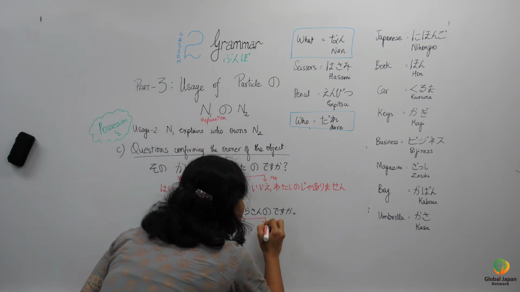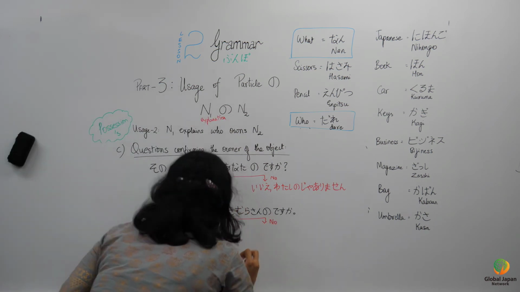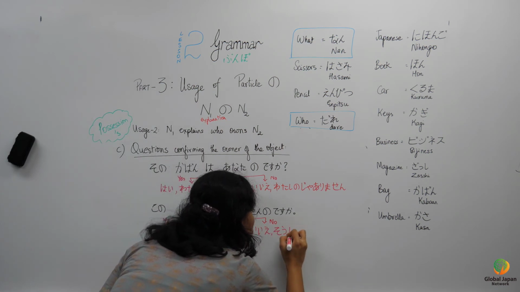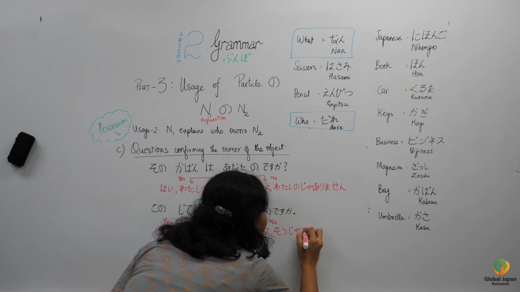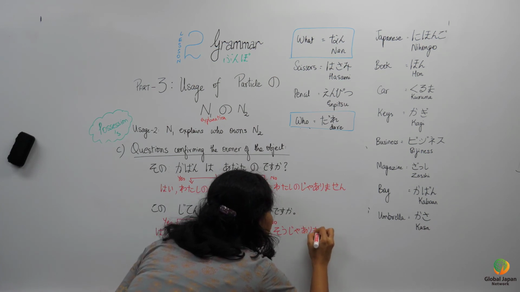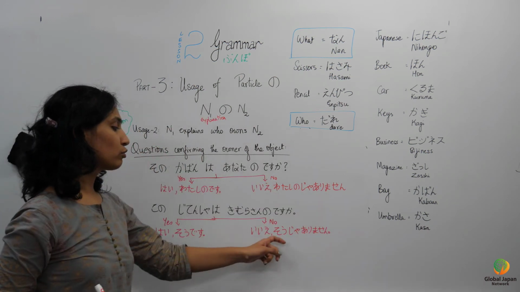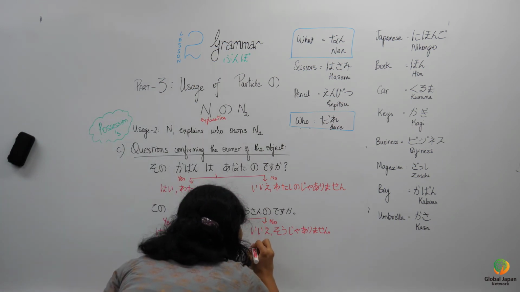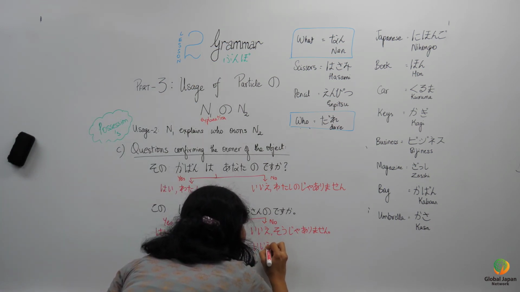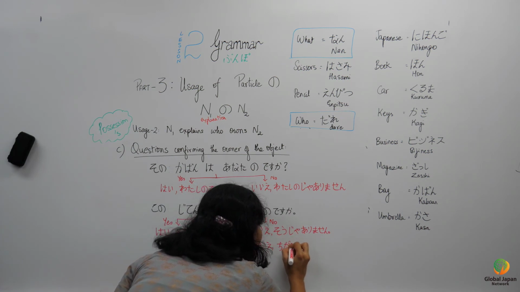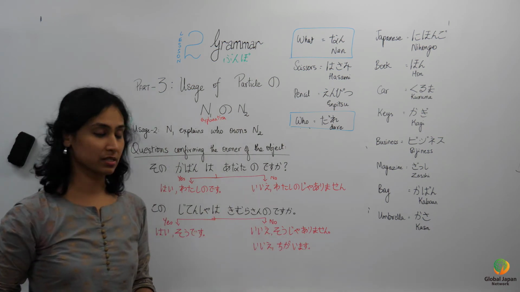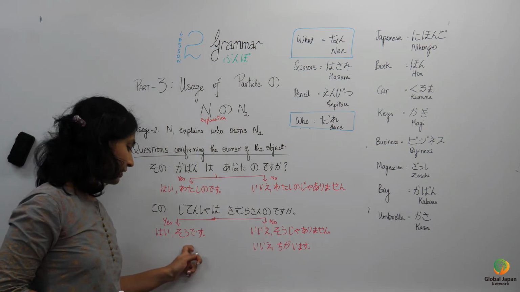If your answer is going to be no, hai will become iie, so ja arimasen. Iie so ja arimasen. Or you could also tell iie chigaimasu.